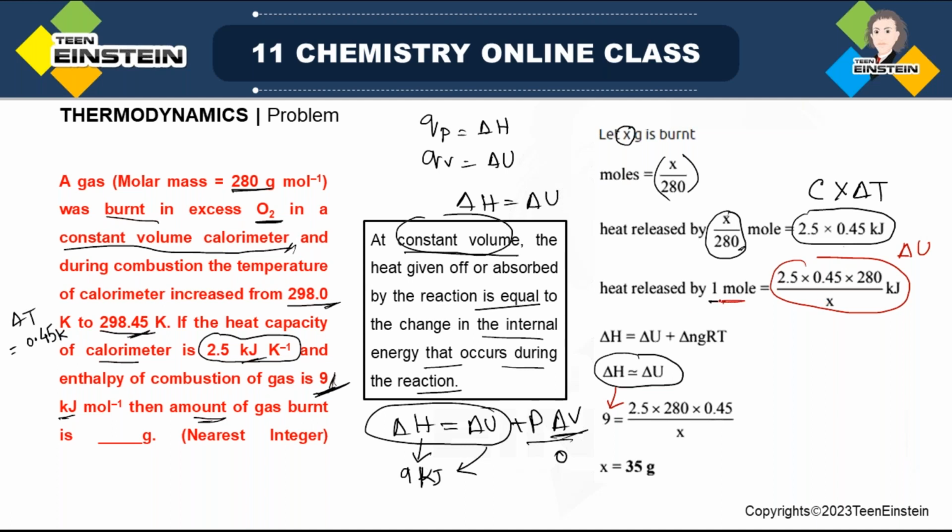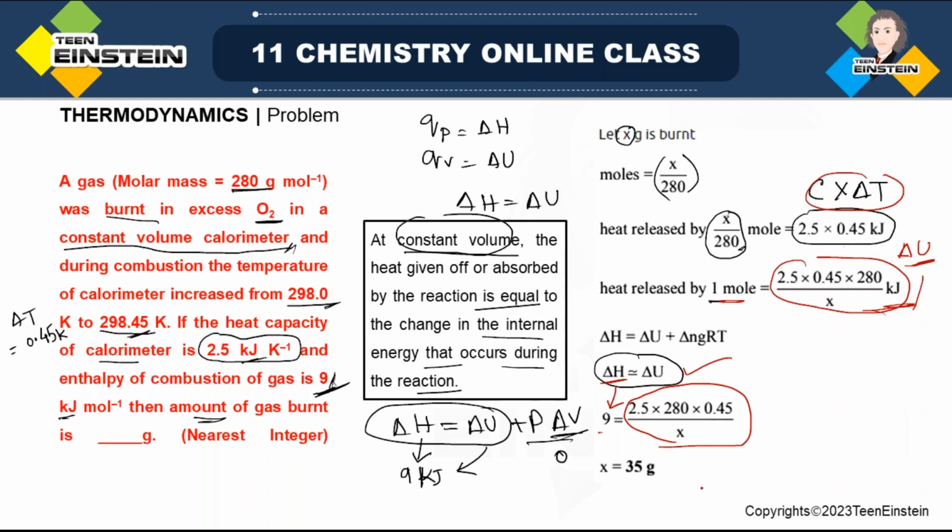So the heat released by 1 mole, this quantity that you are getting, or the heat released by x by 280 mole, is actually equal to del U, because it is a constant volume process. So though this quantity is del U, you can write 9 is equal to this quantity. We can write it only because del H is equal to del U.